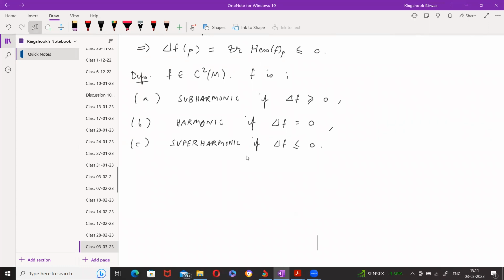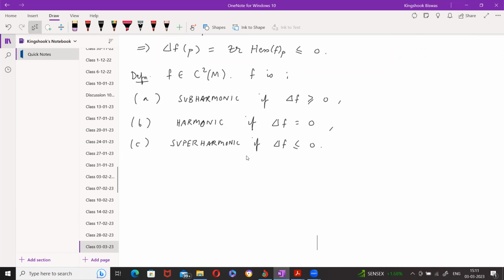So subharmonic means the value of f at a point is less than the average of the value of f surrounding it. That is true in Euclidean space, where you have the mean value property. If f is harmonic, then f at the center is equal to the average, with respect to Lebesgue measure, over a sphere of radius epsilon around the center.